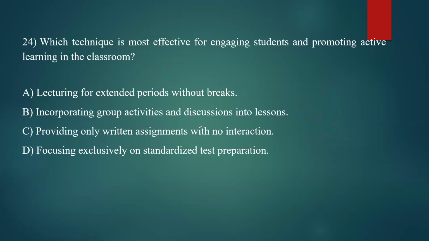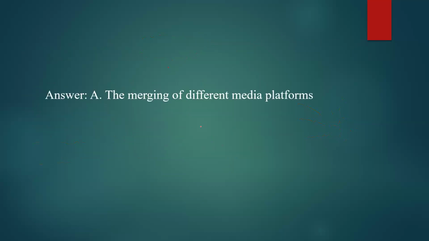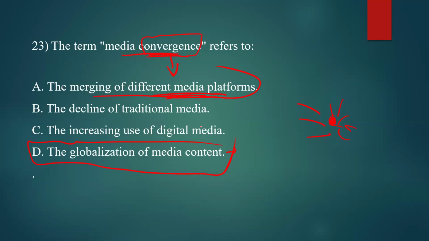Sir, any examples for this merging of different media platforms? It's not about a particular example. If a concept happening on one social media platform and a concept happening on another are brought together, that's convergence.